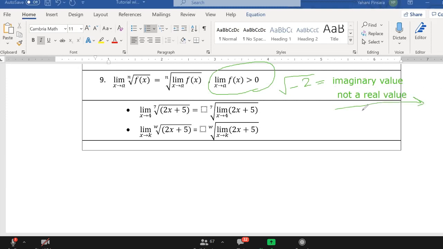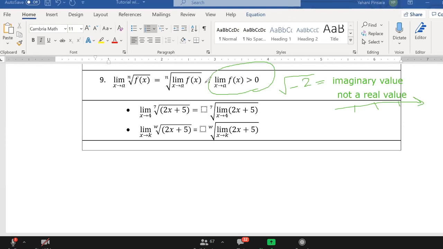If we can display any number on a number line, we call it a real value. We can't tackle imaginary value computations by these rules.